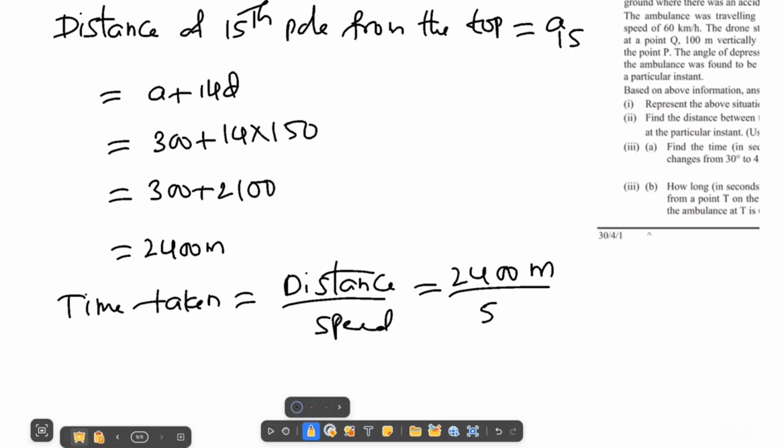Let's cancel. 5 ones are 5, 5 fours are 20, 5 eights are 40, and 0. So it will take 480 seconds. So this is the answer for the third A question.